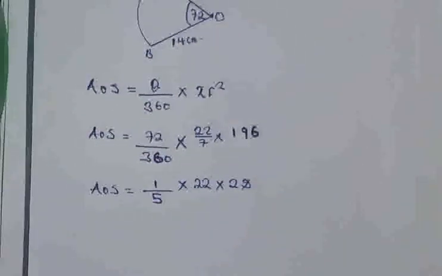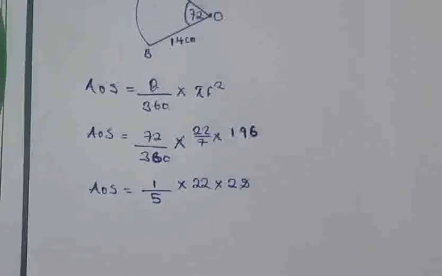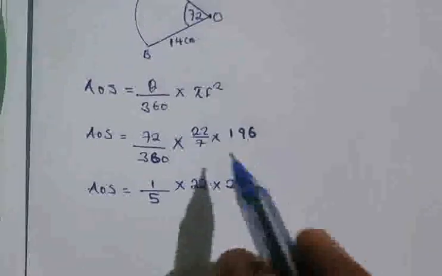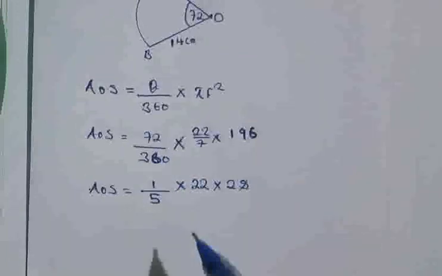I usually tell my learners, here I don't teach you how to calculate. I just give you numbers that you can calculate, assuming that you already know how to calculate. So you just have to be sharp, especially when dealing with such questions. So 7 into 196 is 28, and 72 into 360 is 5, as I've written there.